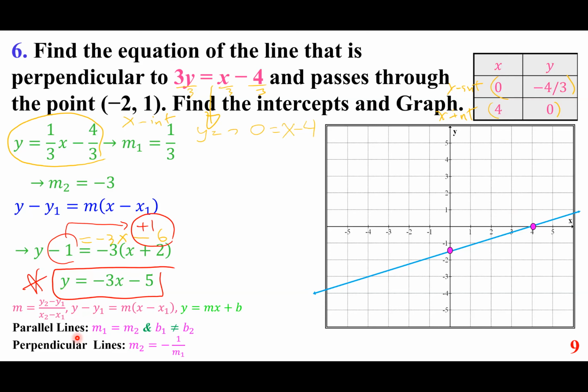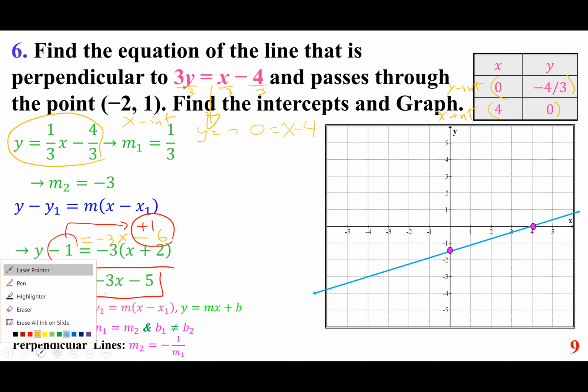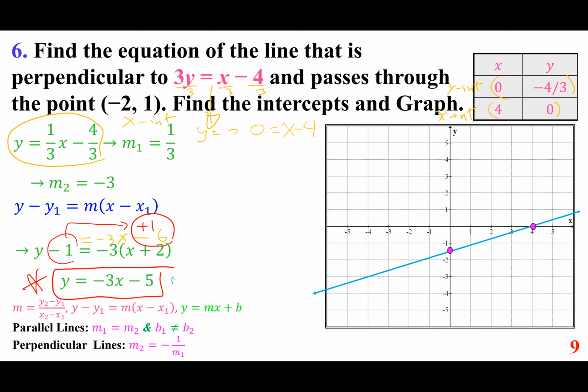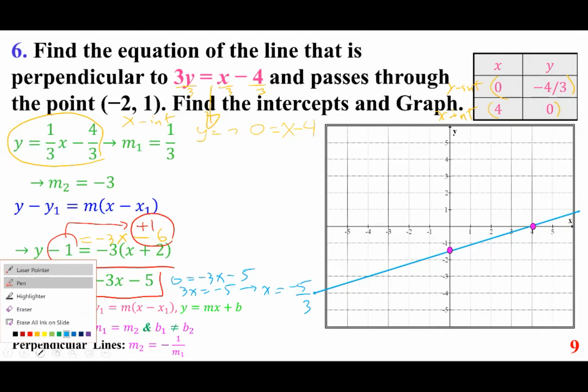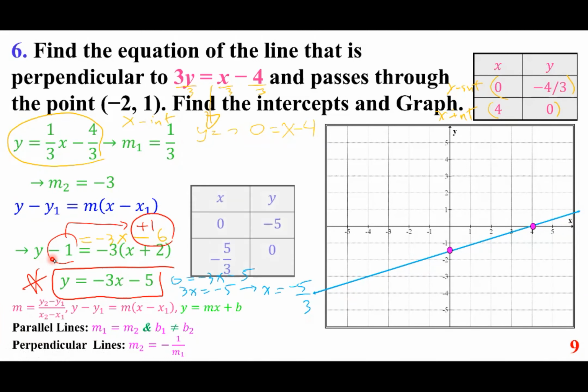You set y equal to 0. If you set y equal to 0, x is -5/3.